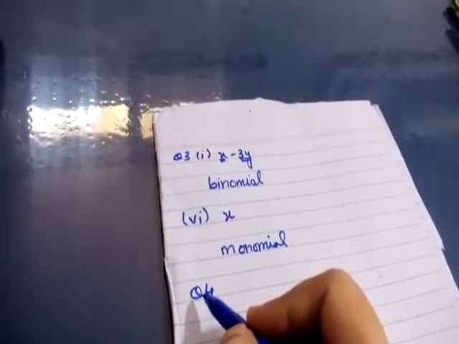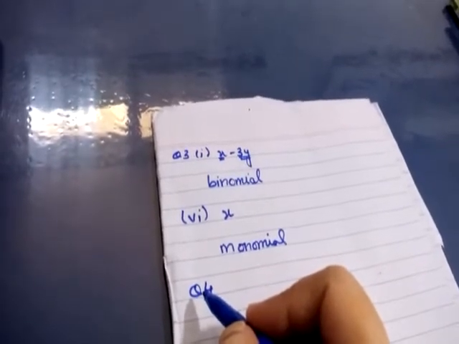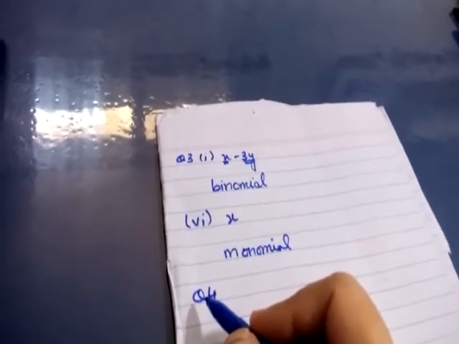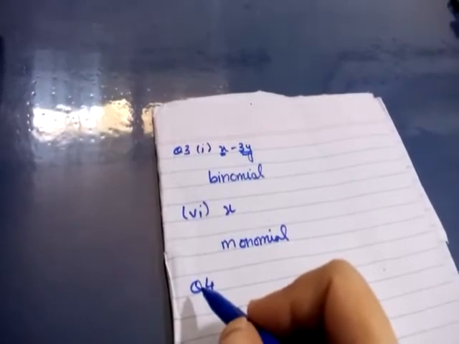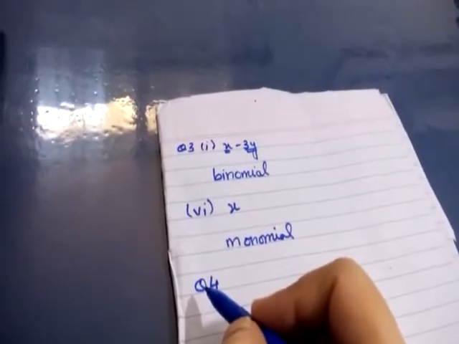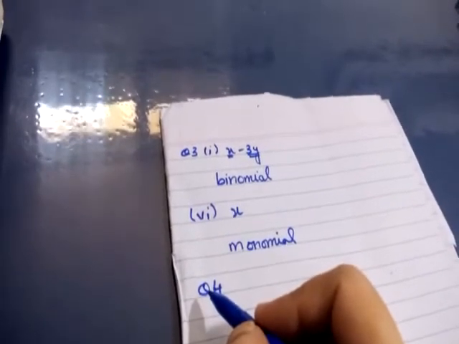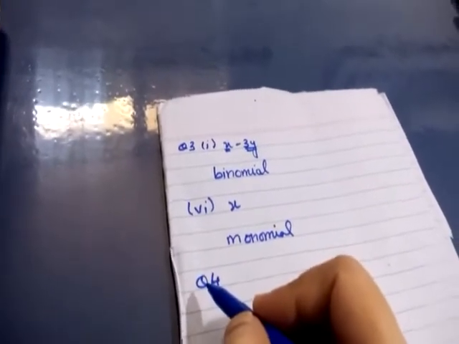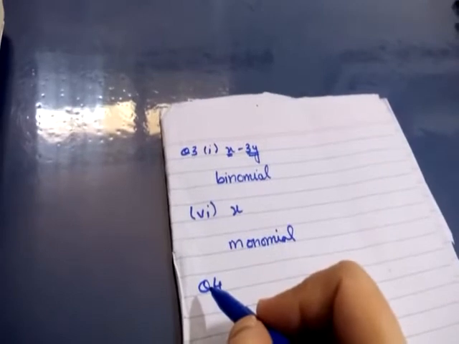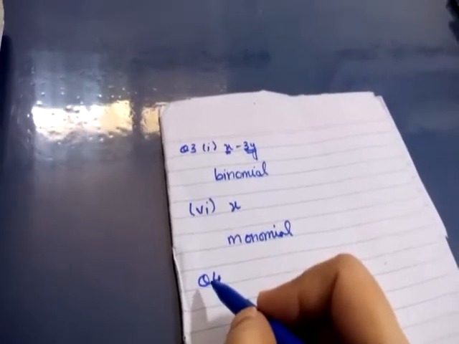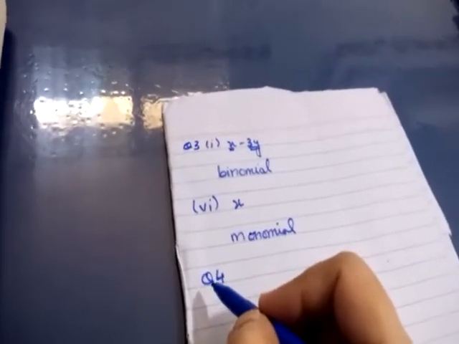First of all, let's discuss what we do for assigning the degree of a polynomial. First of all, we see what the highest power is in the different terms. Whatever the highest power is, that will be the degree of the polynomial.